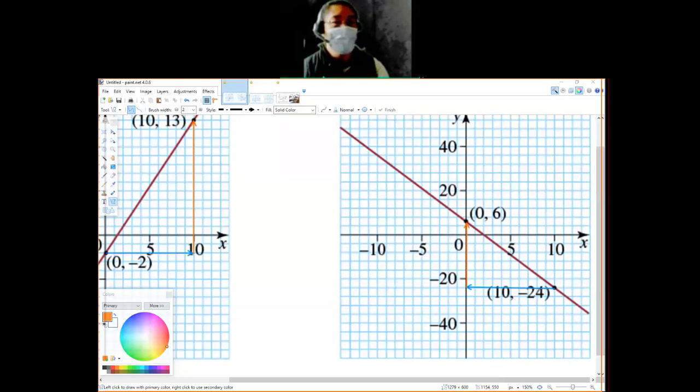So if we do right and down, it means I will start from this point and go to the right and down. What you end up with is your run being positive 10, but now your rise is negative 30. And negative 30 over positive 10 is still going to be negative 3, if that makes sense.